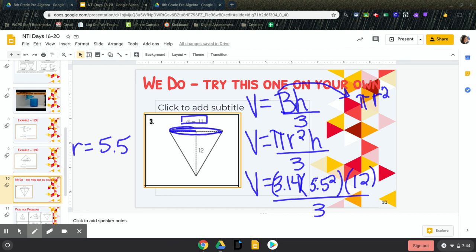Okay? So when we plug all of that in, we get that our volume is equal to 379.9. It didn't give us any units, so we would just say units cubed. Okay?